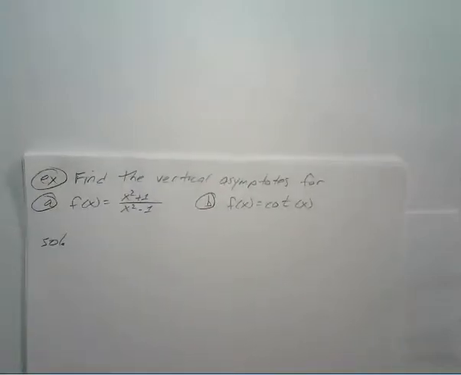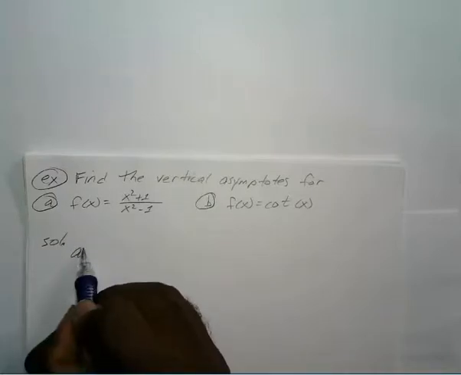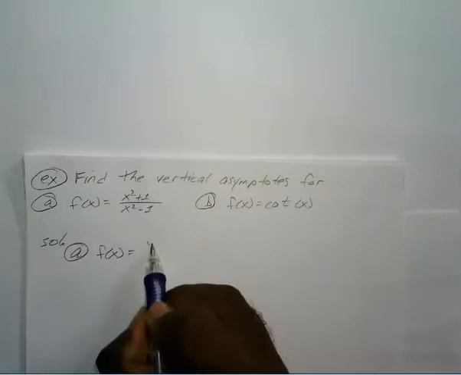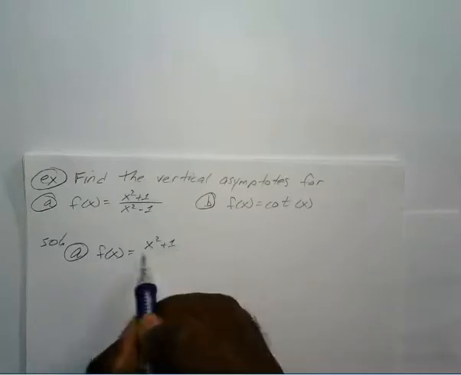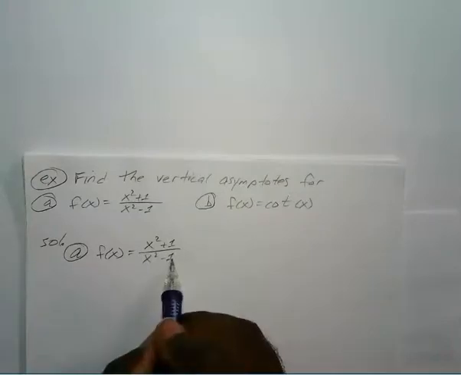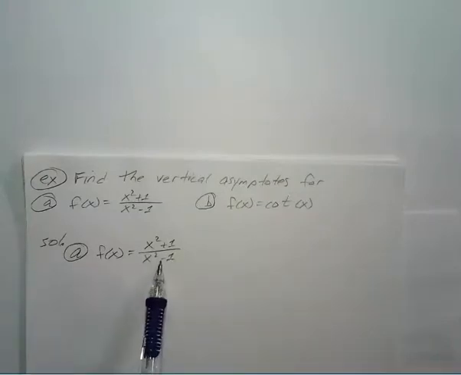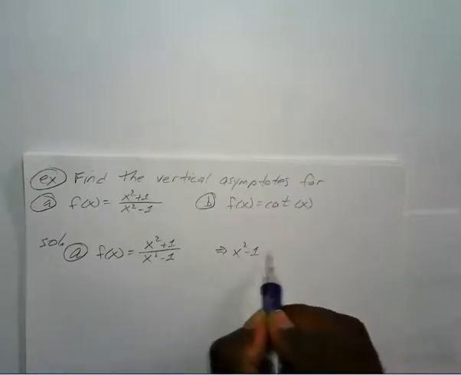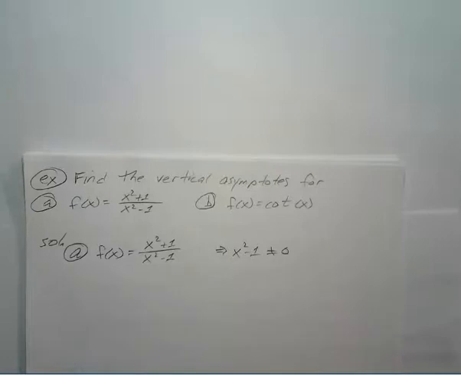Okay, so finding the vertical asymptote is basically saying where your denominator is equal to 0. So for A, f of x equals x squared plus 1 over x squared minus 1. This tells us that our denominator can't equal 0, so x squared minus 1 can't equal 0.